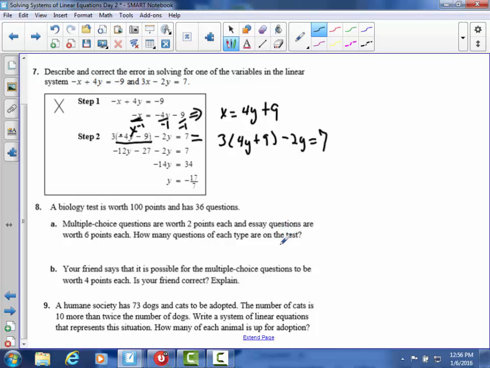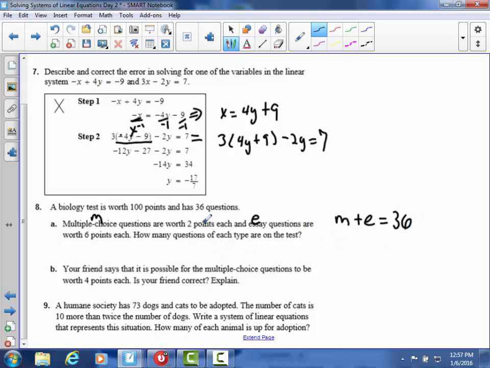All right, so there are multiple choice questions and there are essay questions. So I'm going to let the multiple choice be M and the essay questions be E. And so I know if there are 36 questions, M plus E will equal 36.